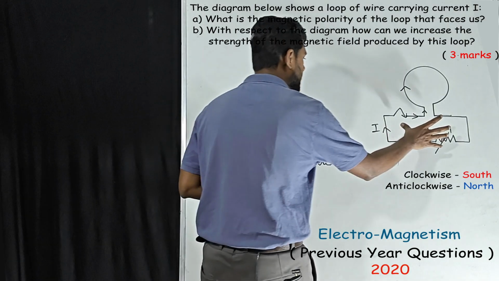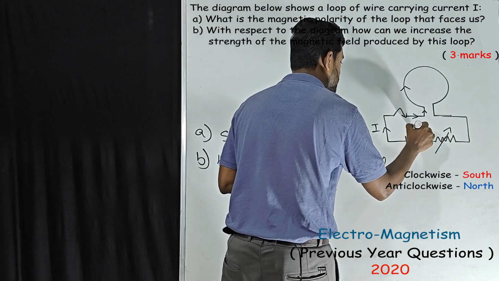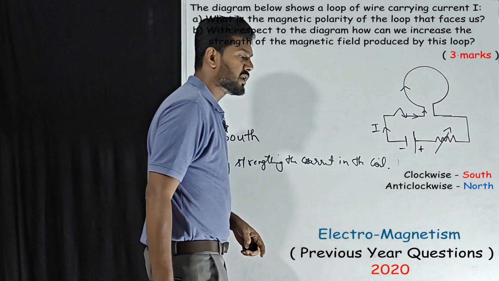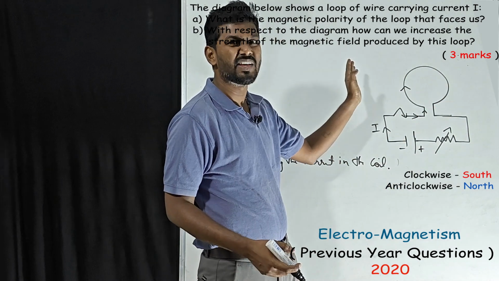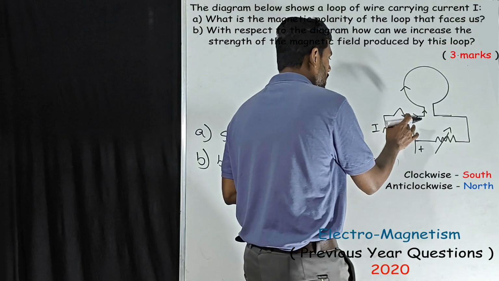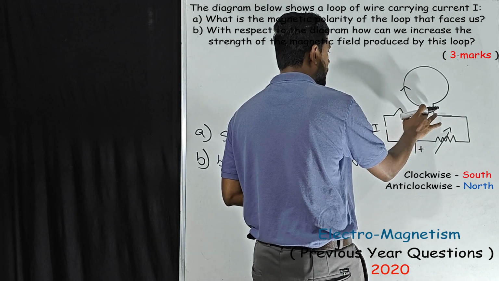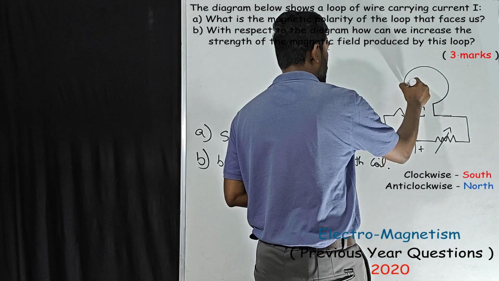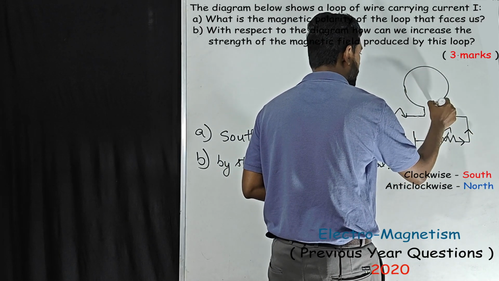Now what happens if I change the polarity? Plus is here, minus is here, and you are still standing in front of it. The current will start moving from the positive terminal.